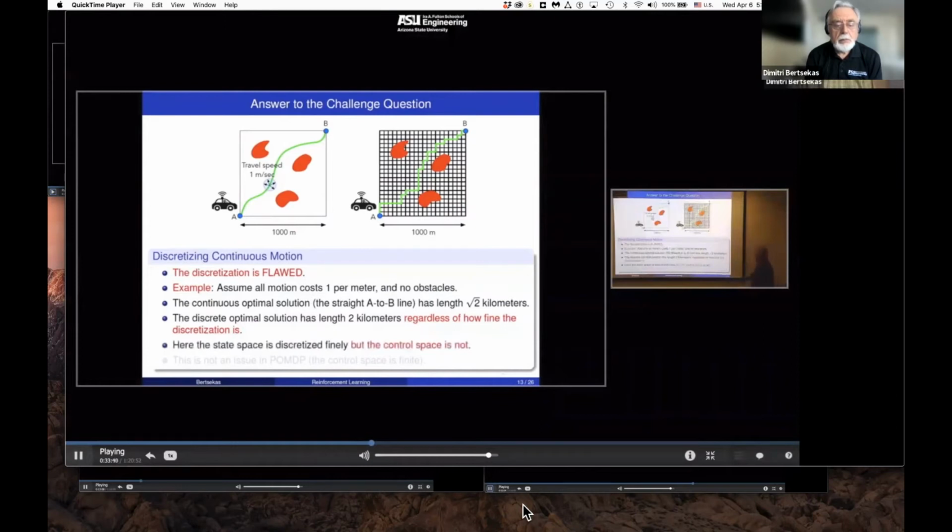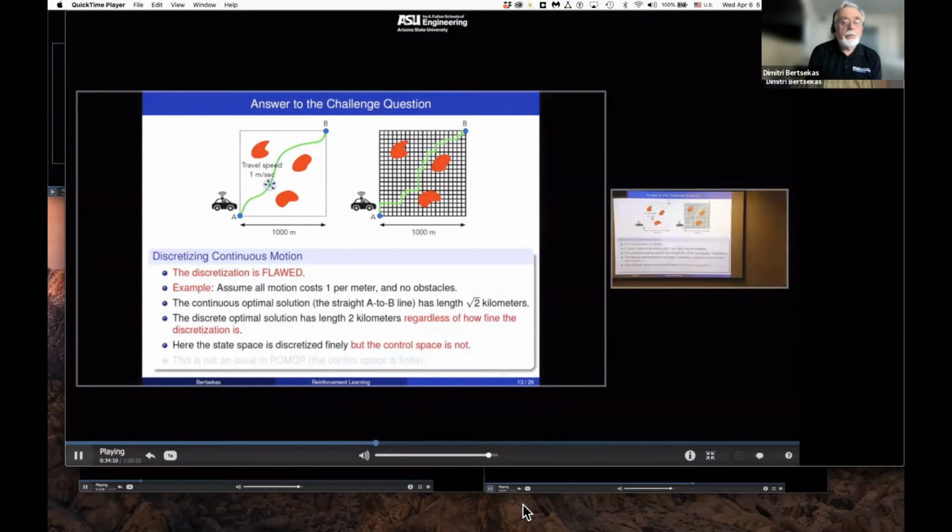And the problem here is that the state space is discretized finely, but the control space is not. Okay, you have to discretize the control space also, many directions, and then use aggregation, okay? Use a stochastic formulation to make interpolations appropriately, and then in the limit, you can prove that you can get the optimal cost.